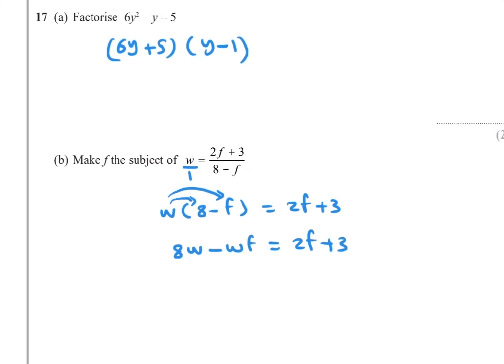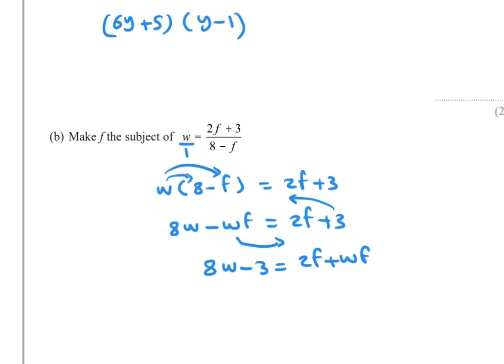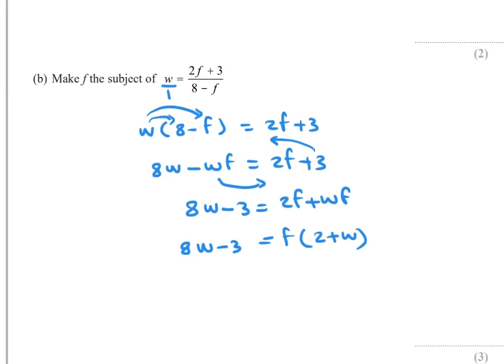Put f on one side, so transpose wf to the other side as positive. So 2f plus wf, and 3 goes to the other side as negative. So 8w minus 3. Now you can take f common, so you are left with f times 2 plus w equals 8w minus 3. Now divide by 2 plus w, so f equals 8w minus 3 over 2 plus w.